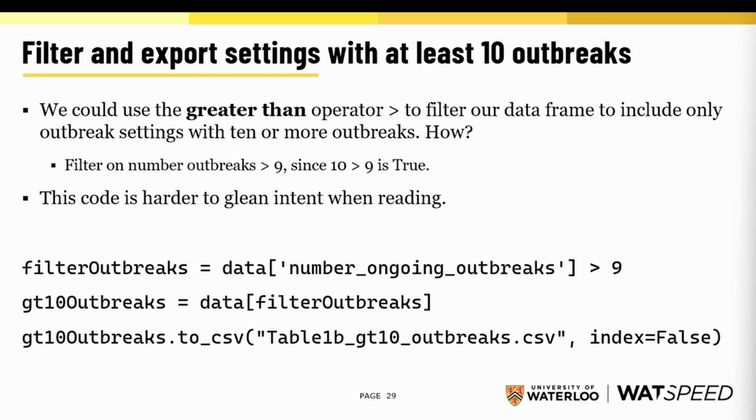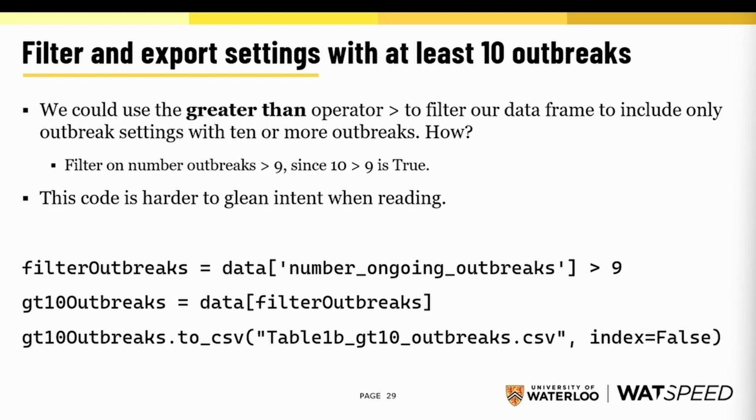So I would recommend, just for making code easier to read, and especially for future you who has to revisit your code, that you get as specific as you can with your filter condition. Asking for the number of ongoing outbreaks where the value is greater than 9 is the same as asking for the ongoing outbreaks where the number is greater than or equal to 10.